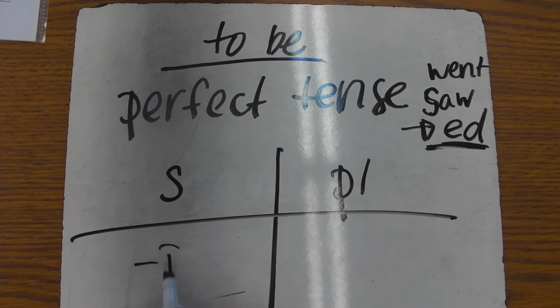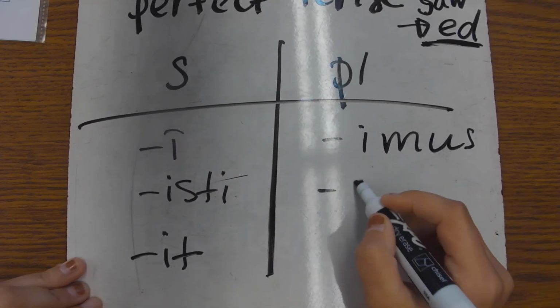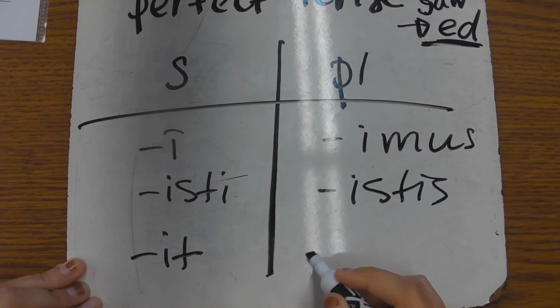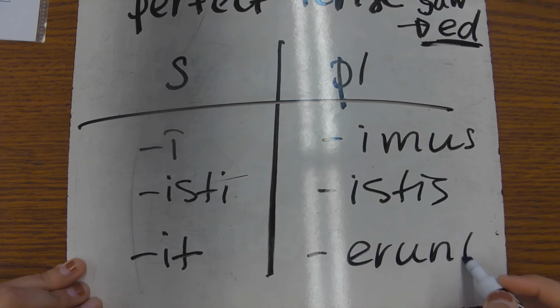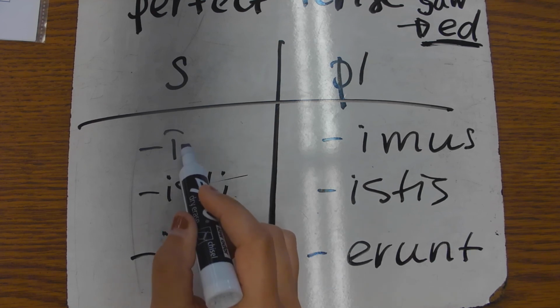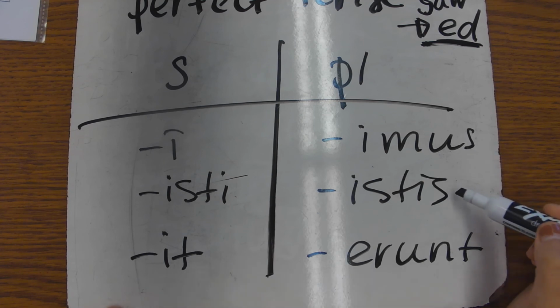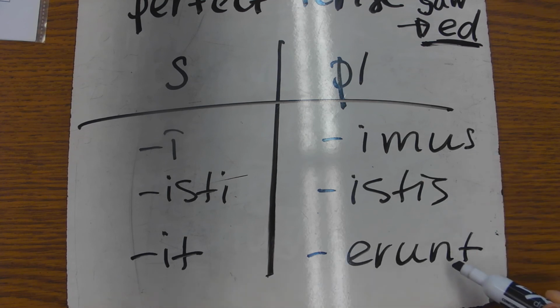We have i, isti, it, imus, istis, erunt. Okay, so these are the endings. I blanked, you blanked, he, she, it blanked, we blanked, you all blanked, they blanked.